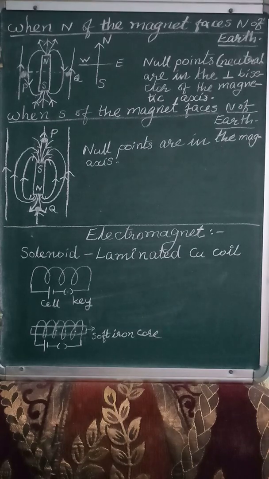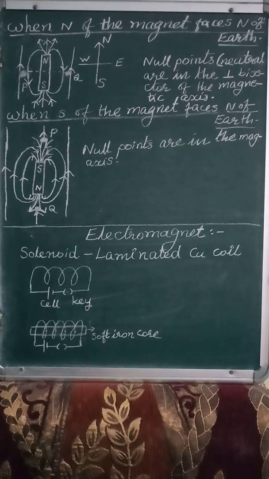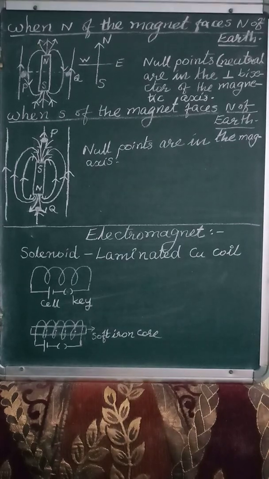Null means nil, 0. The total field is 0. That is called null points or neutral points. How do they become 0? When the two field values are equal and opposite. Which are the two fields we are discussing here? One is the bar magnet field and the other is the earth field.